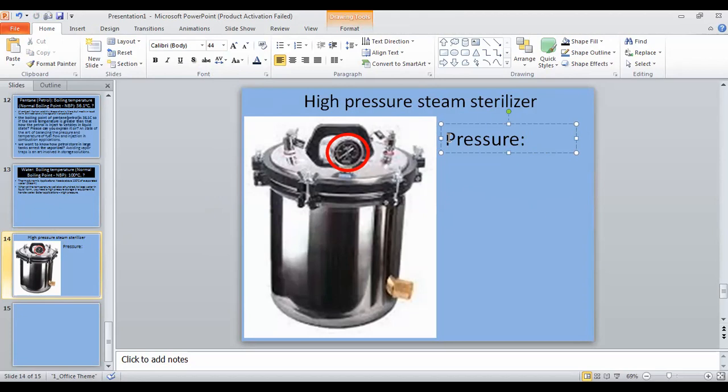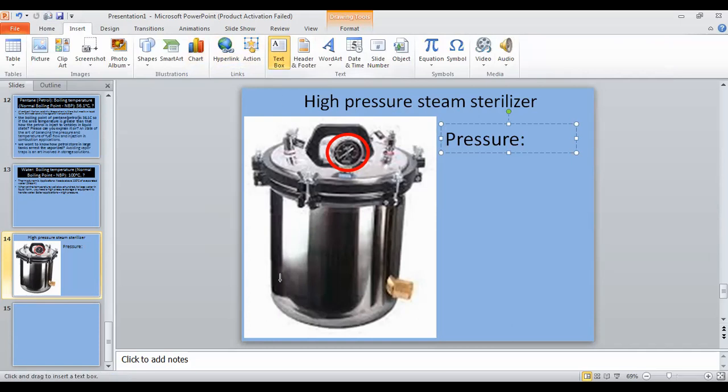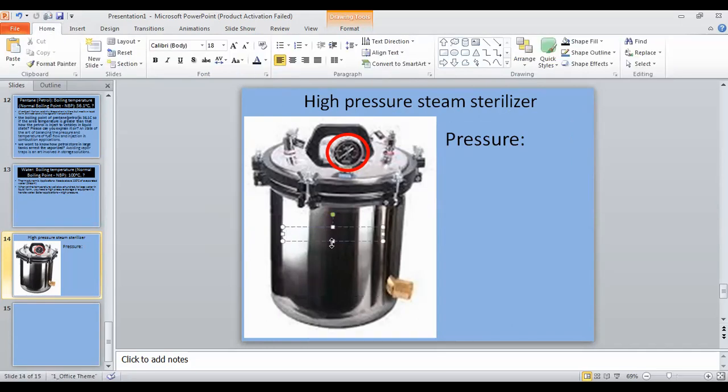So here inside you can see water and steam. Water and steam at high pressure.